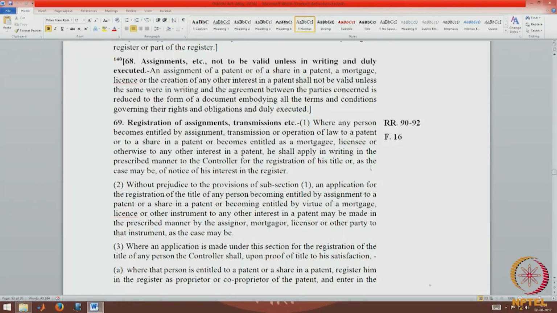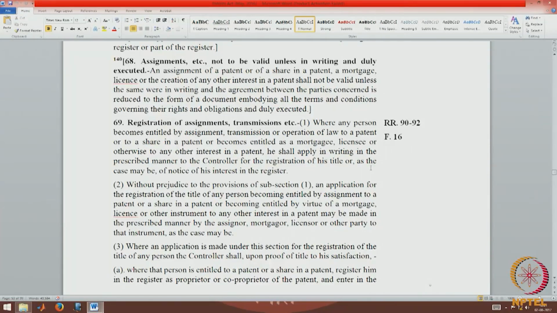If he is a mortgagee, his name will figure as the mortgagee. His name will not be replaced for the right of the patent holder. He will not be shown as the proprietor. That happens only when he is entitled to the title or he becomes an owner or a co-owner. Only in such cases, that is what I mentioned as the first part.